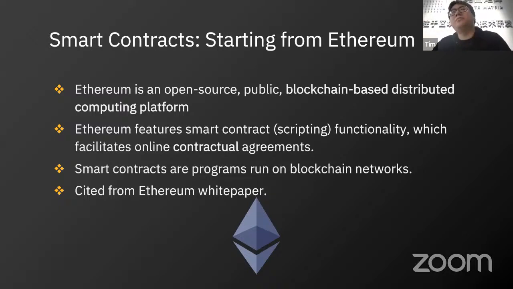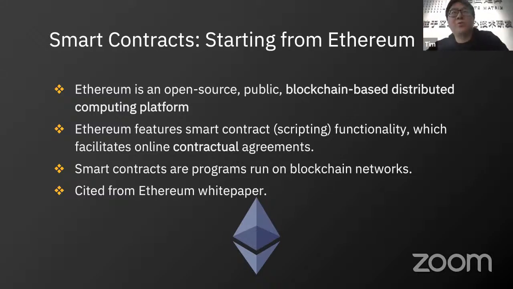Okay, so even though we have this potential, how did it come true, right? We need to talk about the smart contract. Starting from Ethereum, we first introduced, well, not first, but the very first introduction of the idea of a smart contract.